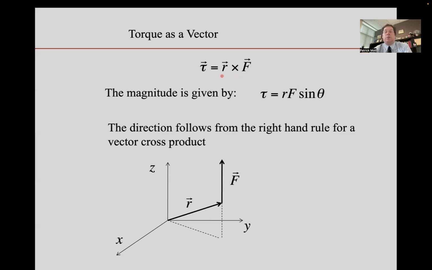I take two vectors, like the position vector R and then the force vector F. Their cross product, R cross F, points in a direction that's perpendicular to both R and F. And it gives us a vector that is right-handed, in the sense of a right-handed coordinate system. So the vector R and the vector F are not parallel to each other.